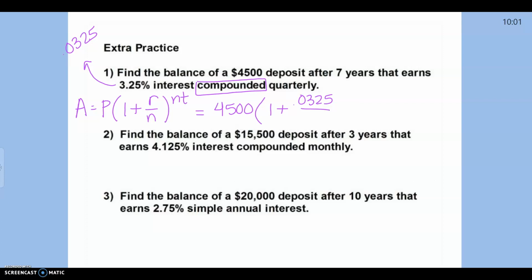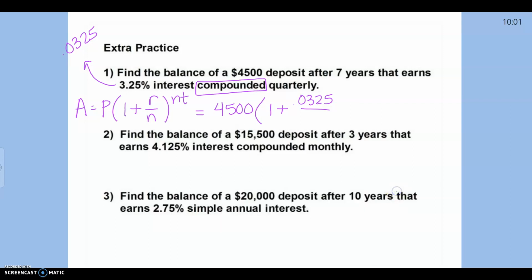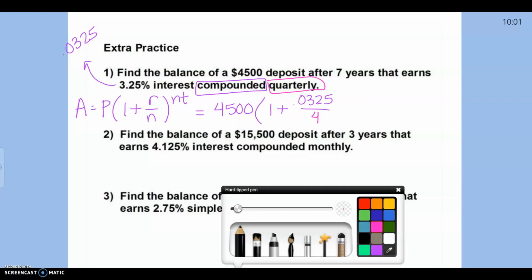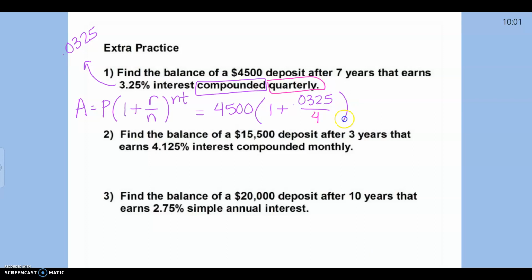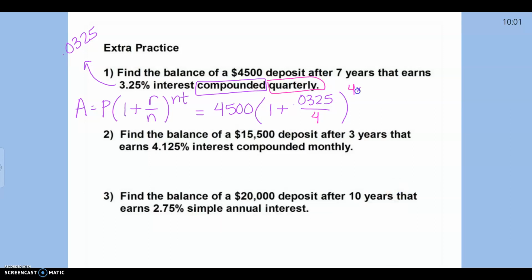over. Now N is tricky here. You got to go back and look. And N, it says, is compounded quarterly. So that would be 4. Think about 4 quarters in a dollar. Okay? Quarterly to the NT. So we're going to use N again. So 4, and then it says for 7 years. So 4 times 7. So we're going to pick up our calculator.